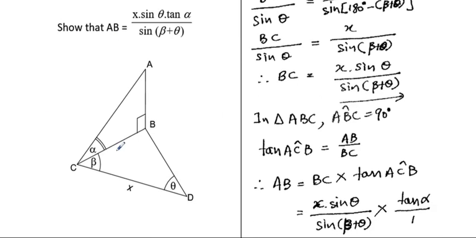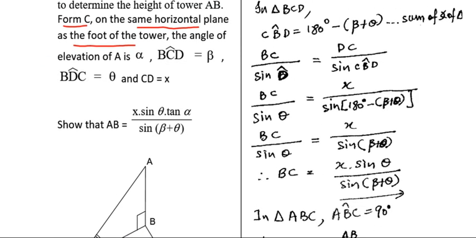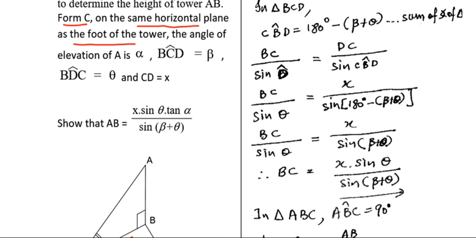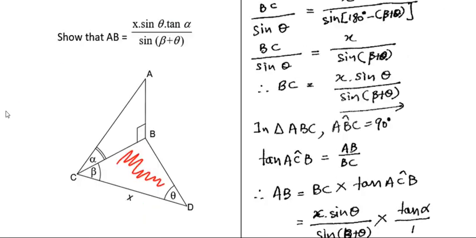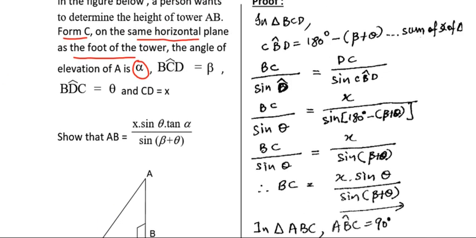So technically speaking, this should have been shaded. And an angle of elevation is alpha. So this is the explanation, but you can see it clearly labeled for you in the triangle ABC.